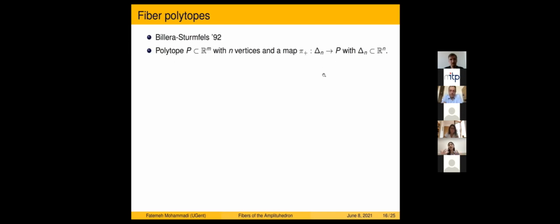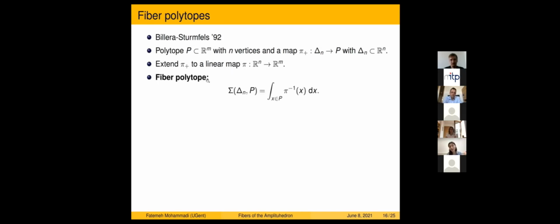The idea is that you can extend this pi plus to another linear map from the space that the simplex delta n lives in, Rn, to Rm. So you have this map between the vertices, and you want to extend it to the linear space that your polytopes live in.